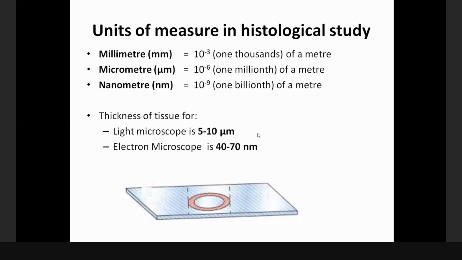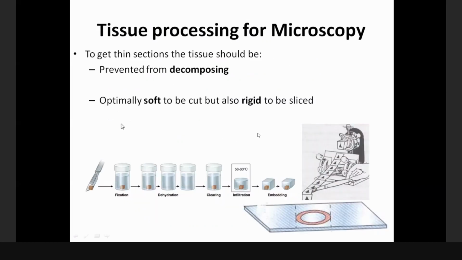So for all this, we need to have a method of preparation of our tissue for microscopy and a method of studying histology. That's what I'm now going to speak about, because this is all known as tissue processing for microscopy. For this purpose, as soon as we get our tissue, we have to prevent decomposition.